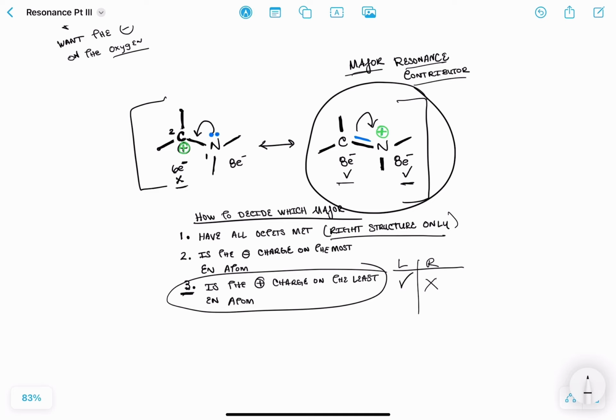And so that, again, is not necessarily the major consideration to figure out which structure is the major of the two.